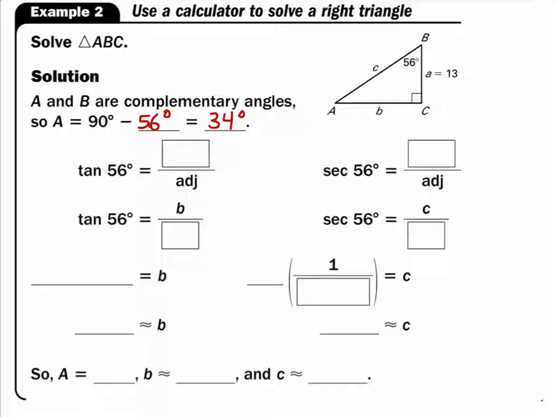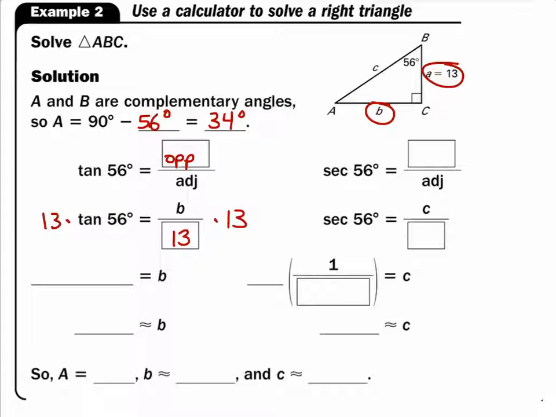So now, tangent of 56 degrees, well, let's see. Tangent of 56 degrees is opposite over adjacent. So we're talking about opposite over adjacent, and the opposite side is B, the adjacent side is 13, and so now to solve for B we need to multiply both sides of the equation by 13.